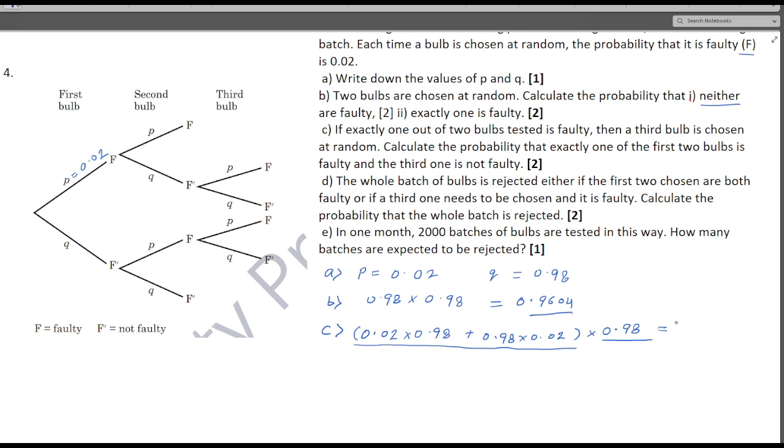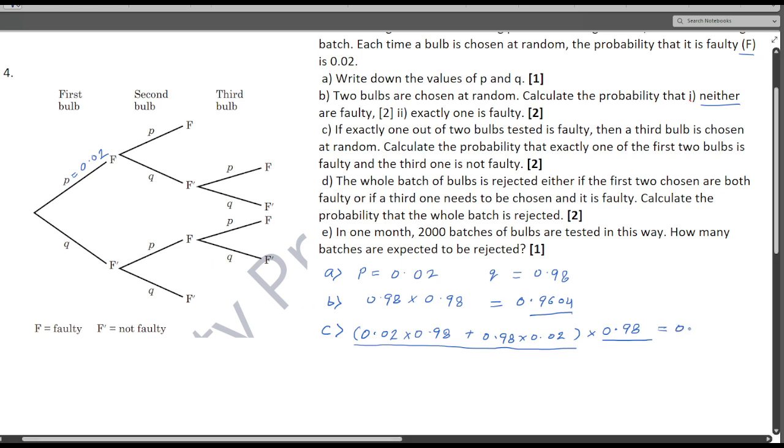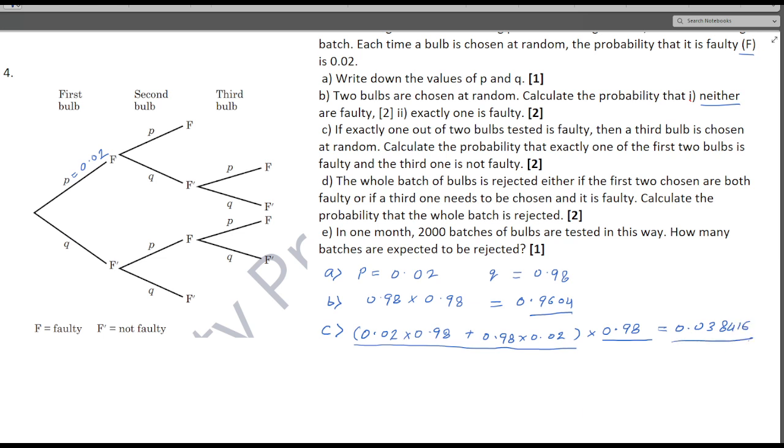So 0.02 times 0.98 gives you 0.0196. So I will multiply this by 2 and the whole result I will multiply by 0.98. So the final answer we get is 0.038416. So in decimal, it's a very big number.